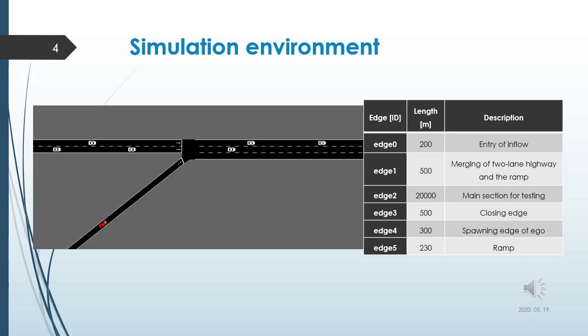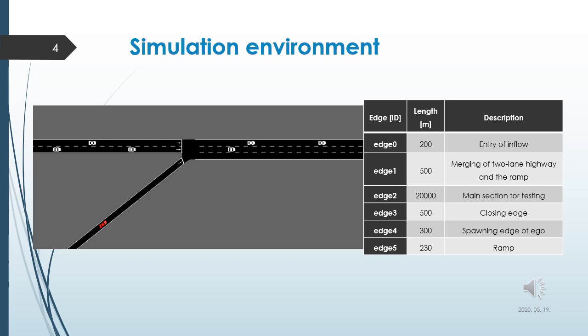The first task was to create the highway itself. It was done in the Highway Network class, which inherited from Flow's base network class. It contained the generation of nodes, edges, and specification of roads. Edge 0 was the entry point of the inflow vehicles, whose initial lane and speed were randomly chosen.